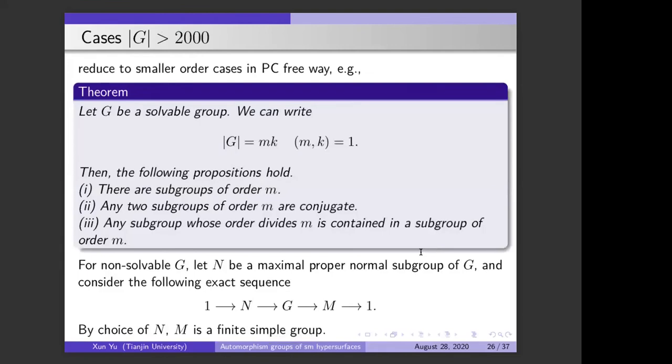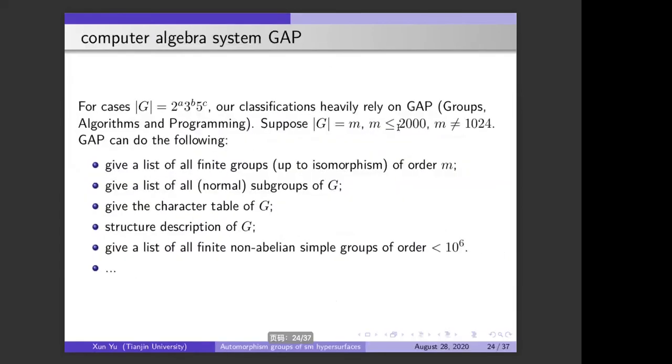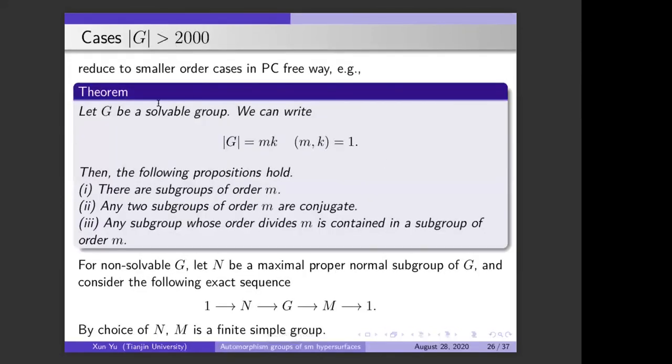But the computer is more efficient. Okay, so now how about the cases of order greater than 2,000? We just said if the order is less than 2,000, we can use GAP. In the quartic and cubic case, it turns out we can reduce these larger order cases to smaller order cases, less than or equal to 2,000, in a computer-free way.